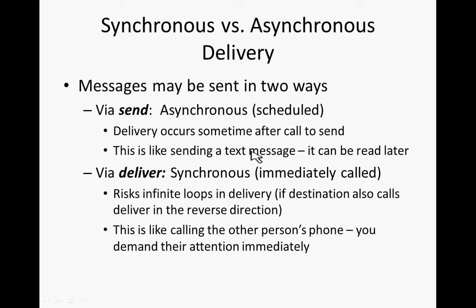The alternative is to use something called the deliver method, in which case the other person has to immediately handle this method. It forces Z to handle it immediately and trigger off of it immediately. The problem is this can risk infinite loops. You can get a sort of deadlock situation. It's not quite deadlock, but where A calls B and B calls A, and you can get this sort of loop. This is asynchronous, and this is the preferred method.